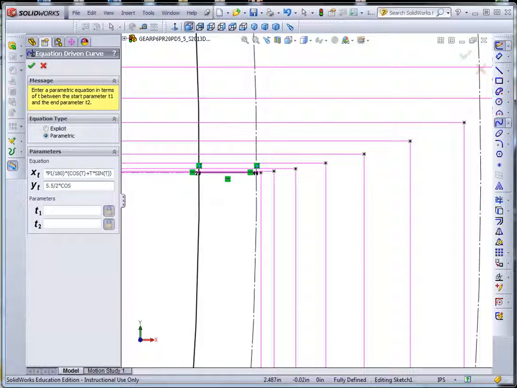times cosine of 20 times pi divided by 180 times the quantity sine of t minus t times cosine of t.